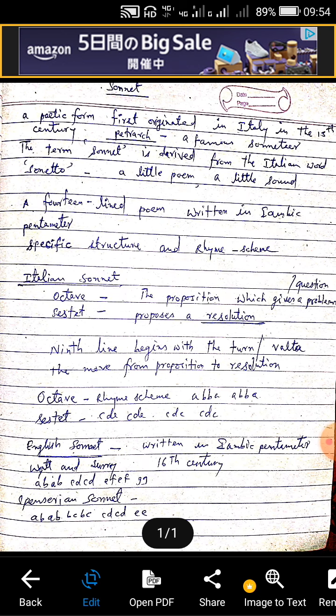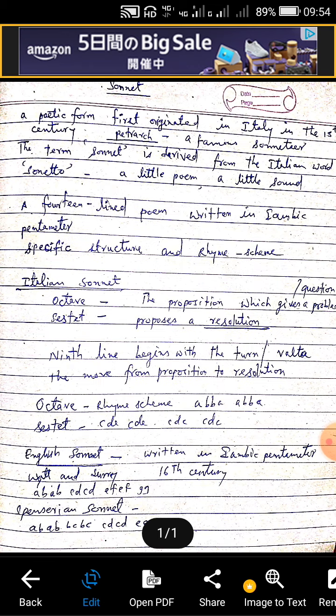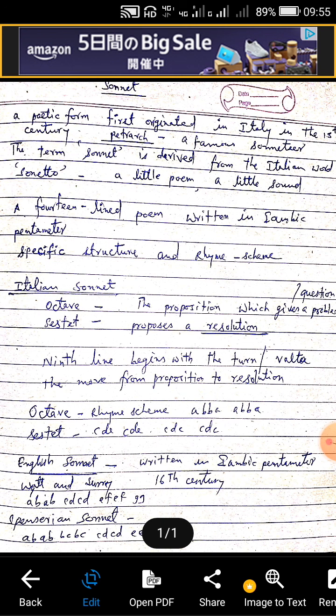First of all, we should have the introduction of a sonnet. As far as the origin of sonnet is concerned, it originated in Italy in the 13th century.